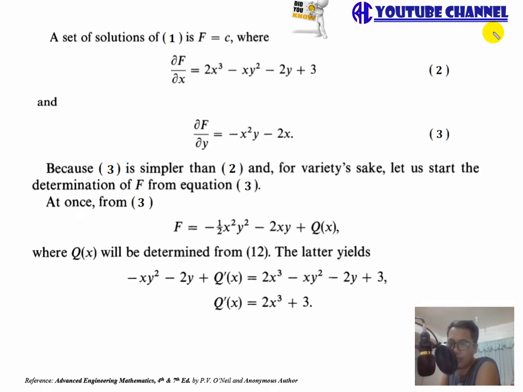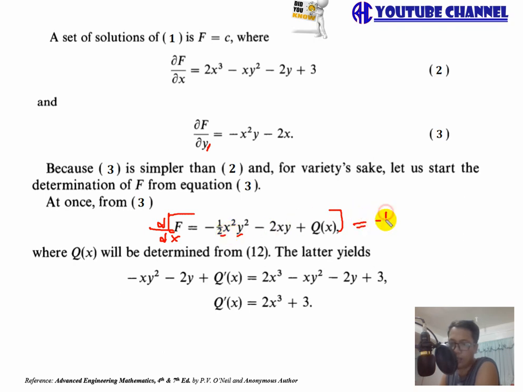So paano gagawin natin yan? Kailangan natin kunin ang first derivative ng function f with respect to, kung y yung ginamit natin kanina, dapat sa sunod, x na. Okay, magiging result niyan, constant, sa x lang yung variable natin.